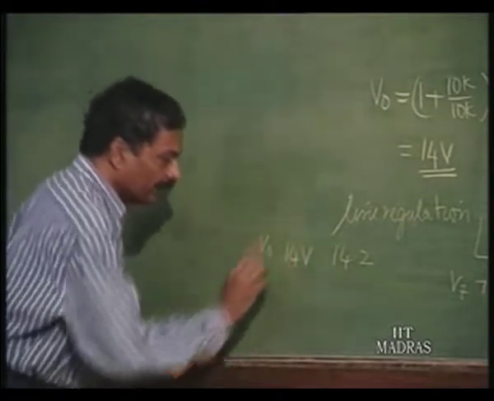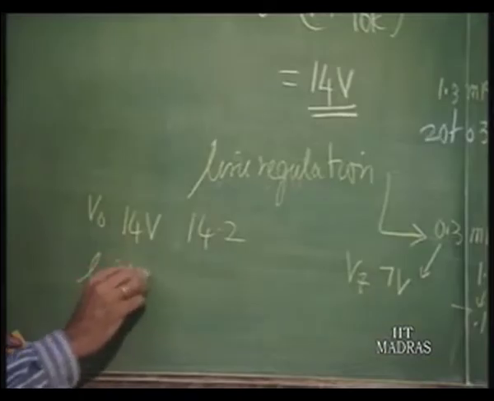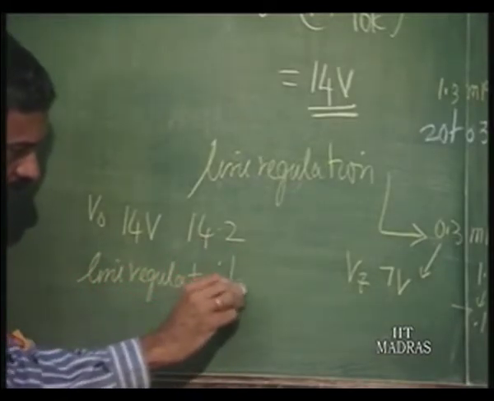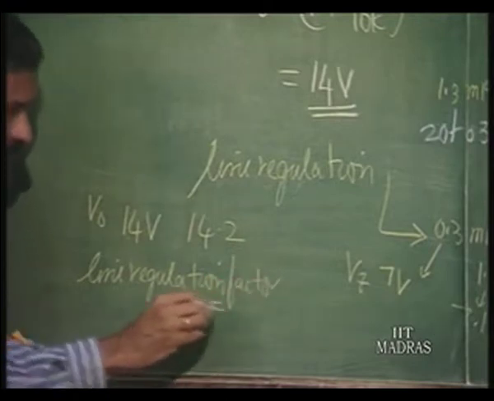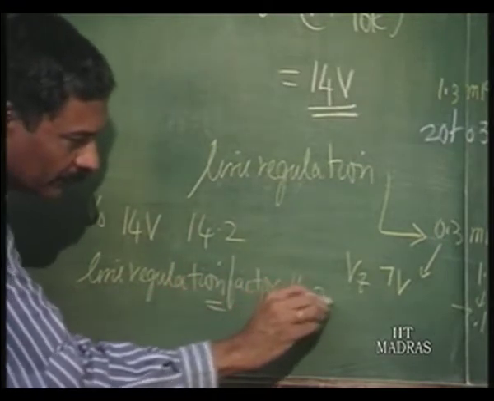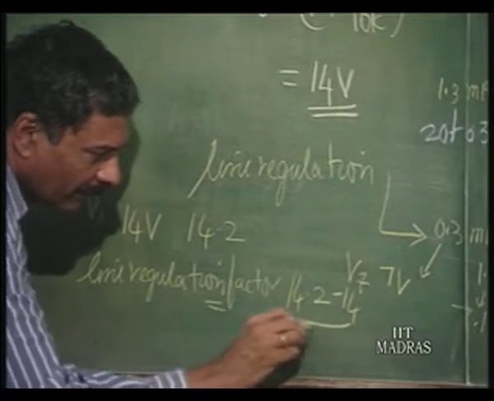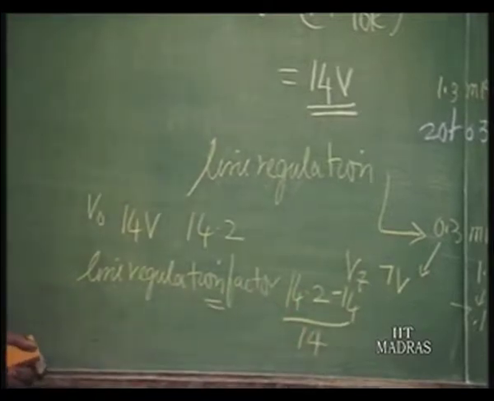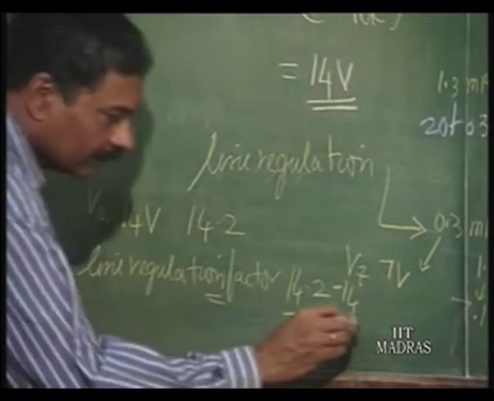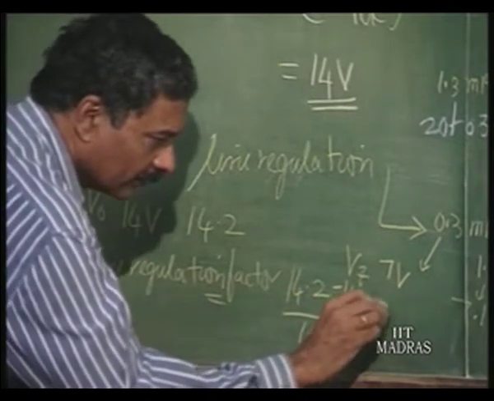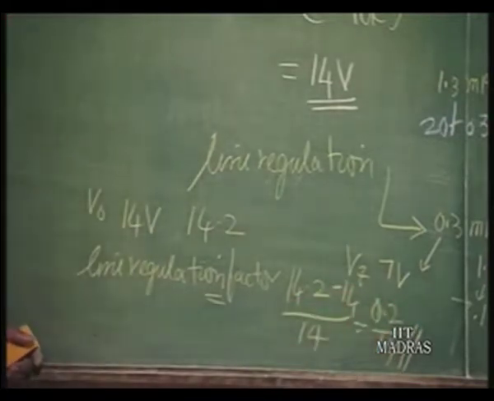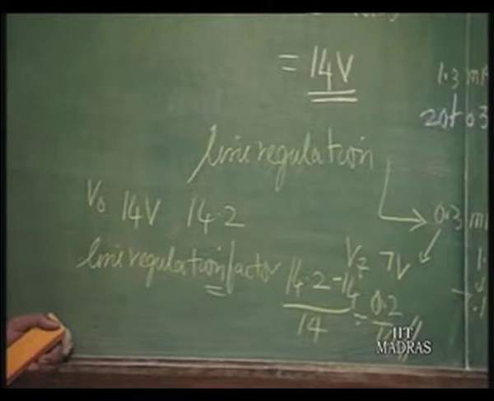So, line regulation factor is going to be 14.2 minus 14 by 14, which is 0.2 by 14, expressed as a percentage, that means into 100.